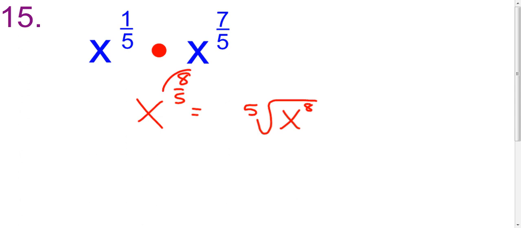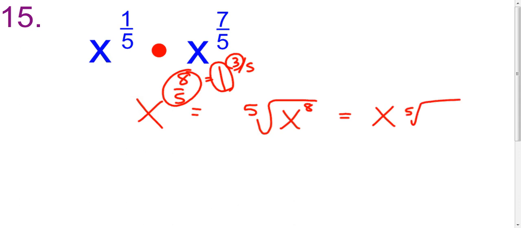If we rewrite this 8/5, this is really 1 and 3/5 power. Here is the exponent on the x's on the outside of the radical, and here would be the exponent of the x's that are inside the radical. So I end up being able to pull one x out, and then I would have the 5th root of x to the 3rd.